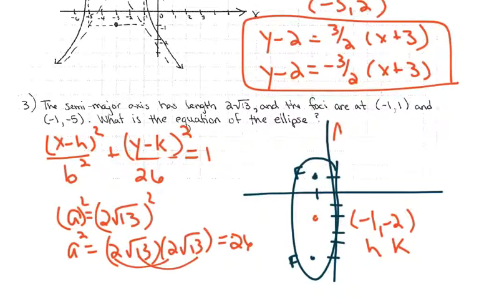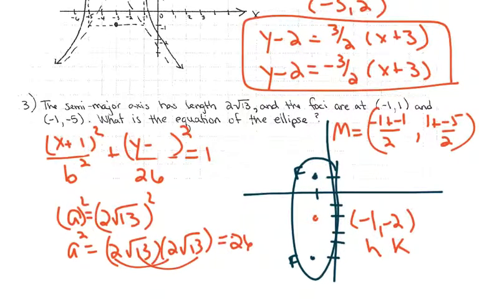But if you wanted to use the midpoint formula, you would add the x's, divide by 2, and then add the y's and divide by 2, and you would still get -1, -2. So h is -1, which means this becomes +1, and k is -2, so this becomes +2.